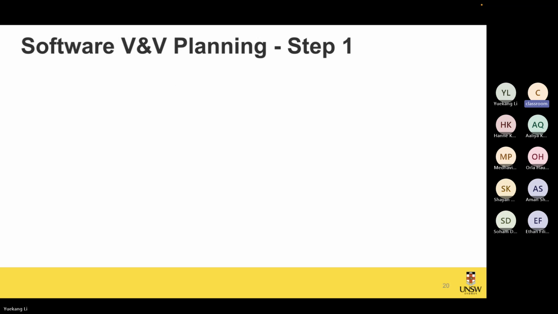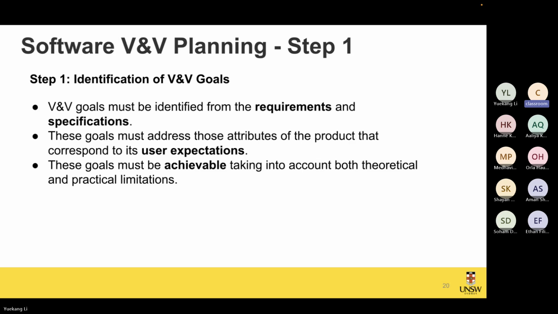So now let's jump into step 1. Step 1 is to identify the goals for doing this verification and validation. The goals could come from the software requirements or specifications. And this is more related to verification, right?